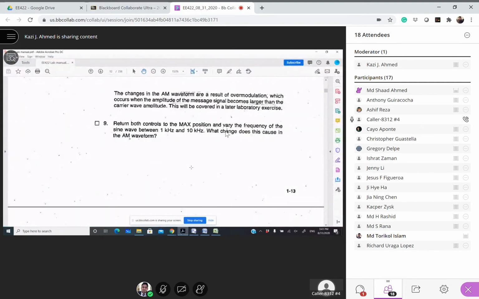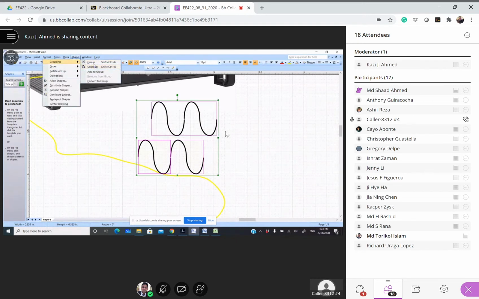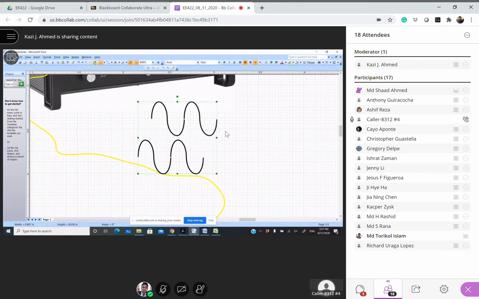So for 1 kilohertz, the envelope frequency is less. Okay, so let us do this so that we can see at least what's going on. Let's say when the frequency is this, then you see this.